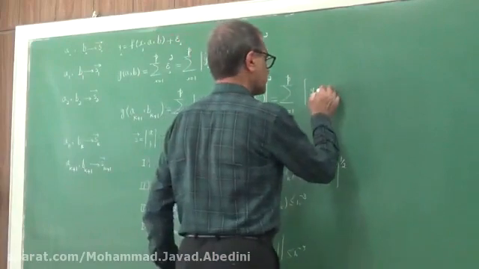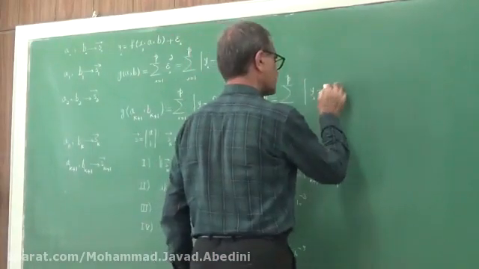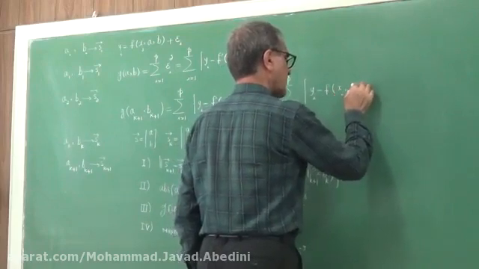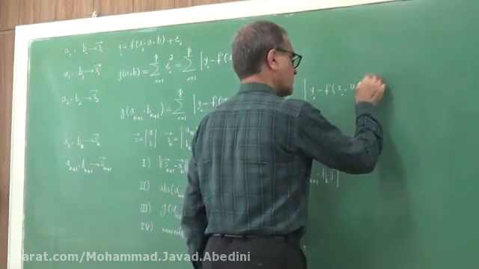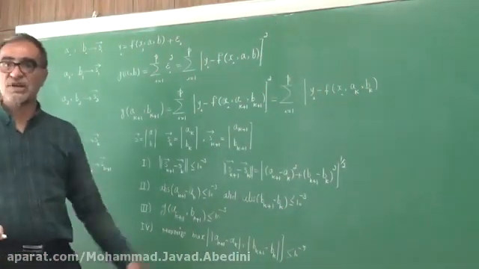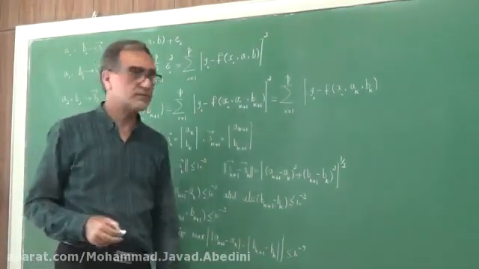It will become minus f sub x_i, A_k, B_k, because I would like to expand it around this point.